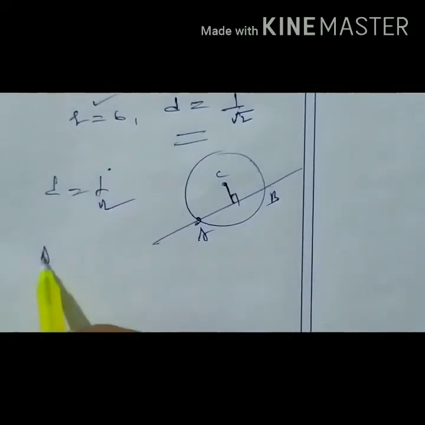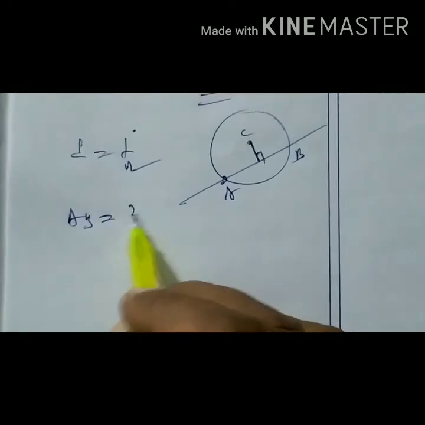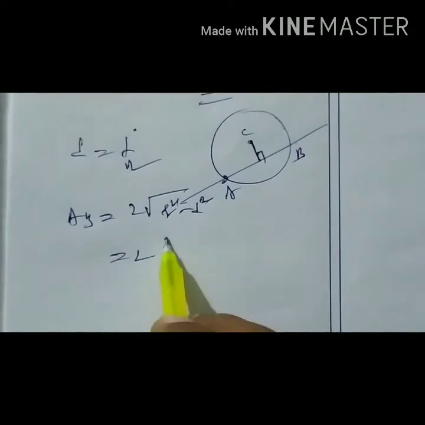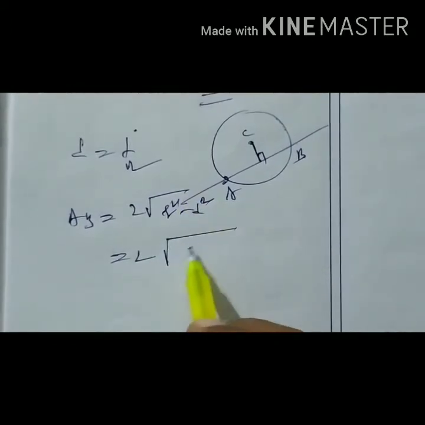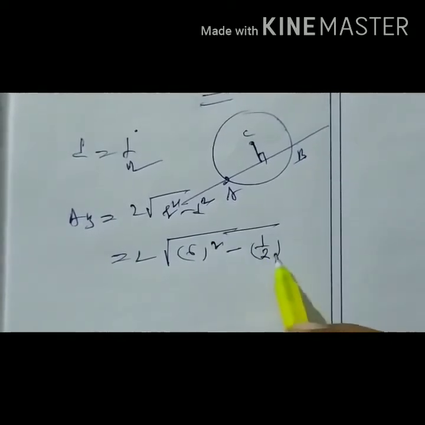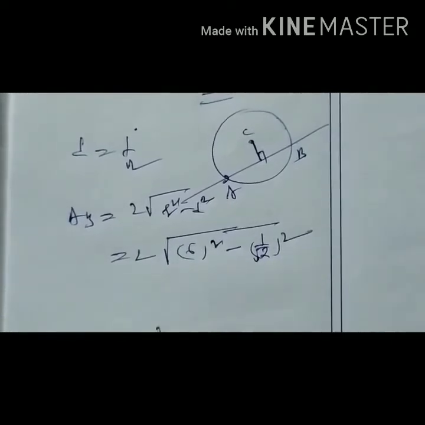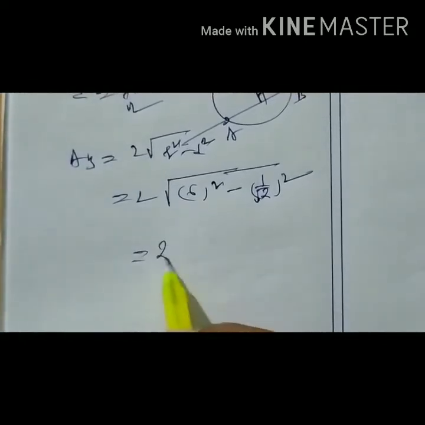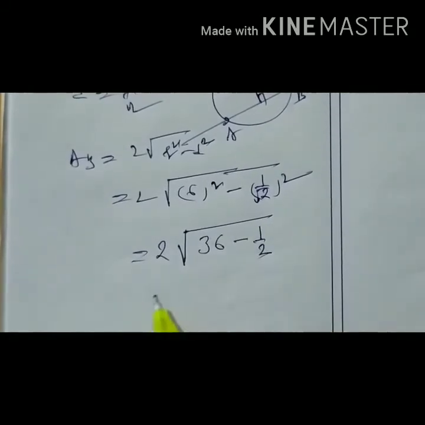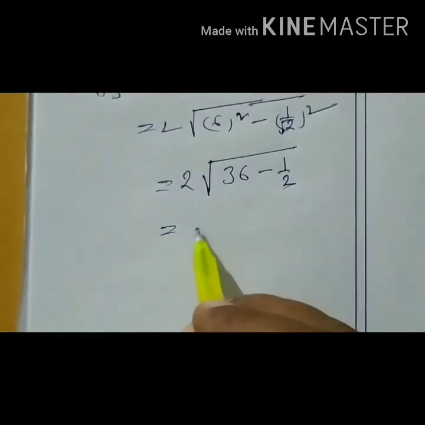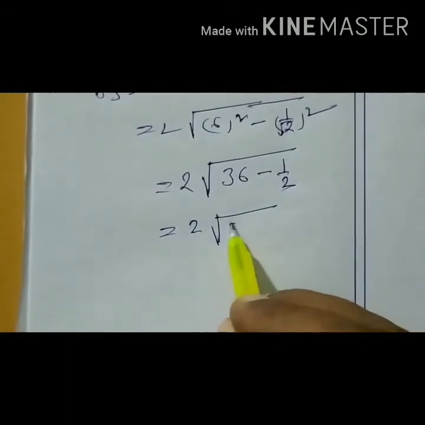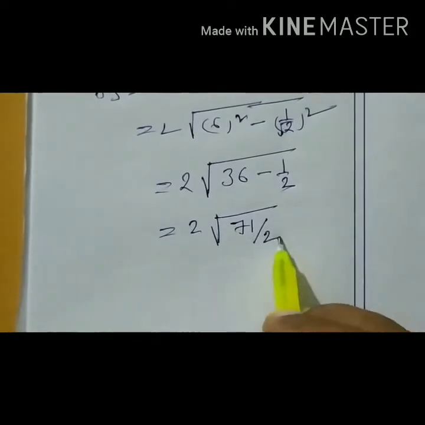We know the length of the chord AB is equal to 2 into root over R² − D². That implies 2 into root over 6² − (1 by root 2)², that is equal to 2 into root over 36 − 1/2, which is 2 into root over (72 − 1)/2, that is 71 by 2.